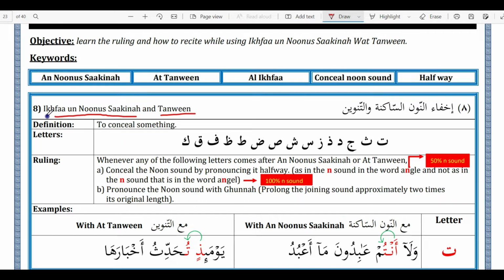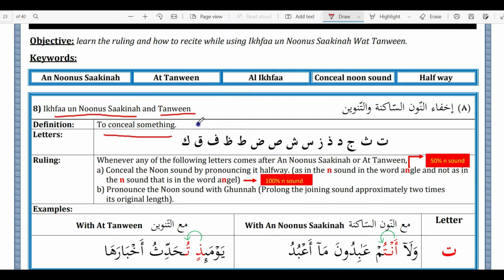And the definition for Ikhfaa, it means to conceal something or to hide something. And we will look at what we have to conceal or what we have to hide.